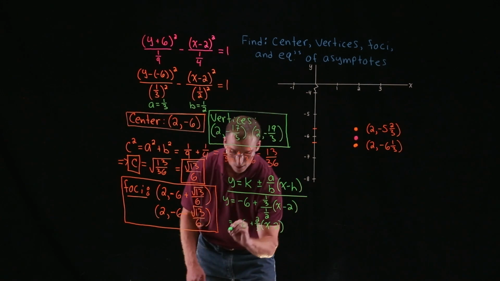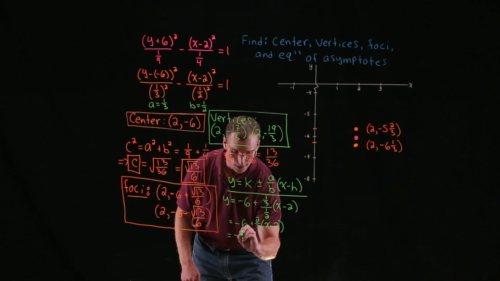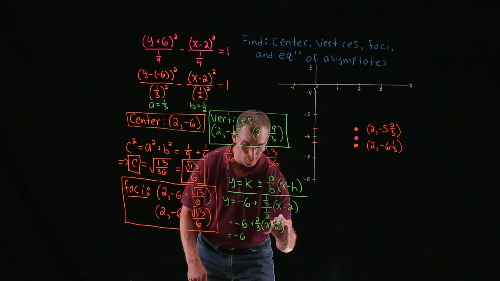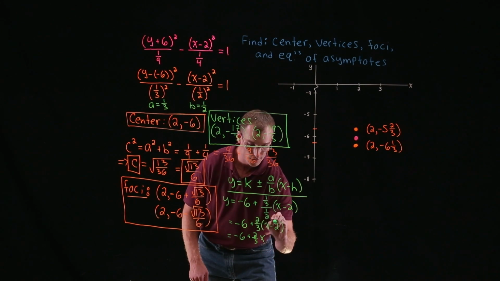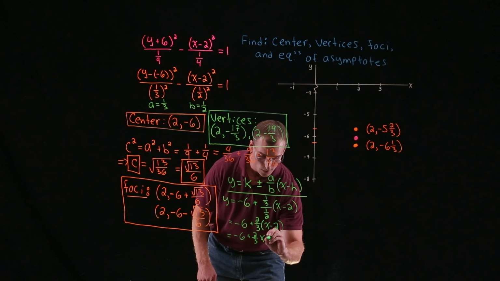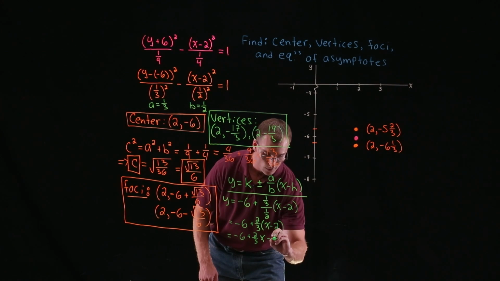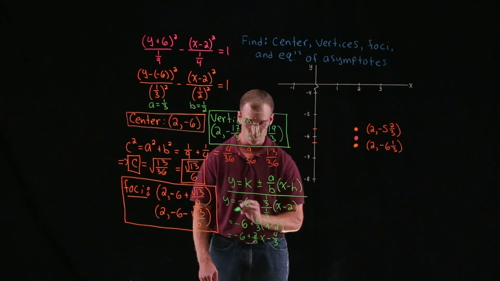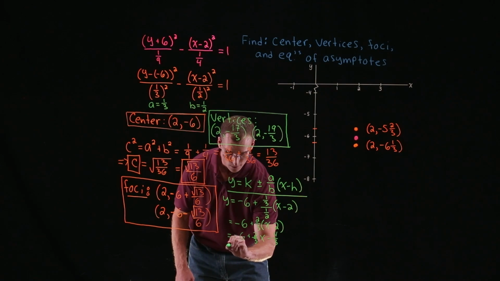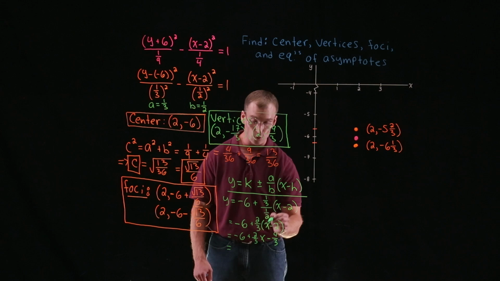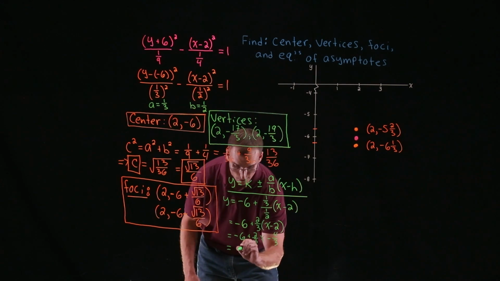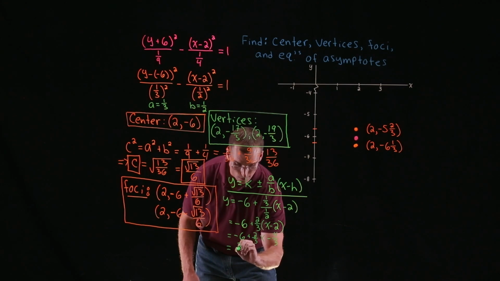Okay. And that's going to be -6, distributing the 2/3, -6 plus 2/3 x, and 2/3 times -2 will be, say, 4/3.